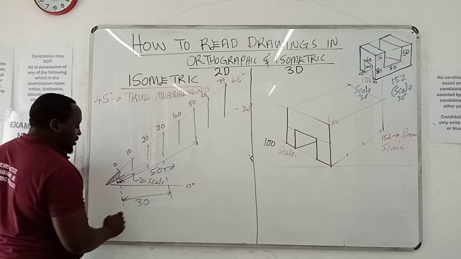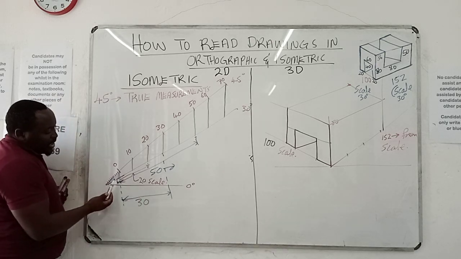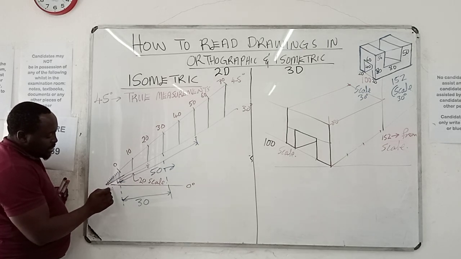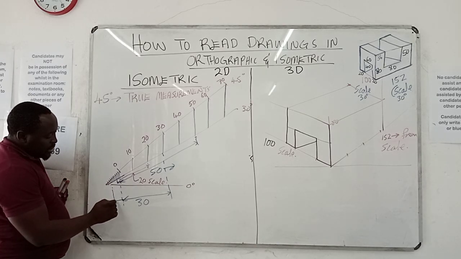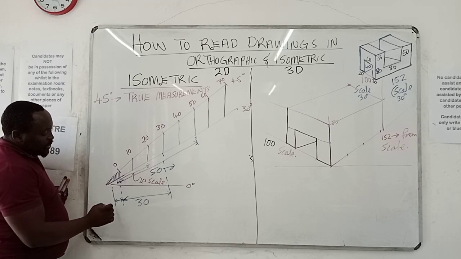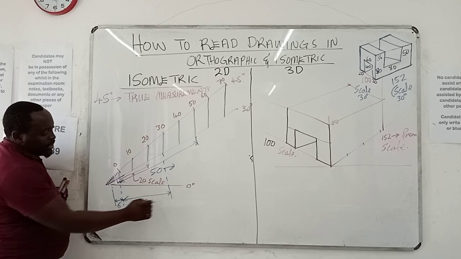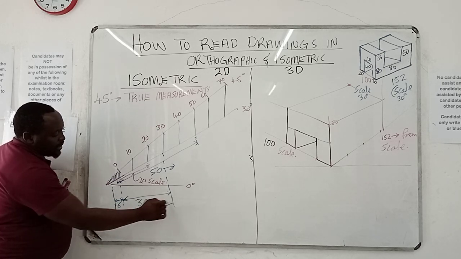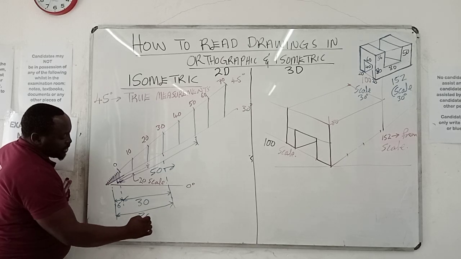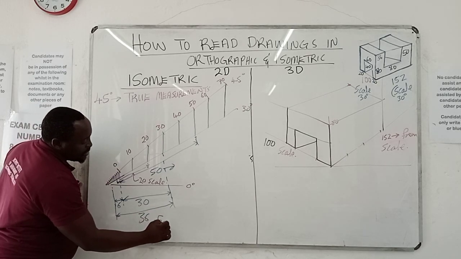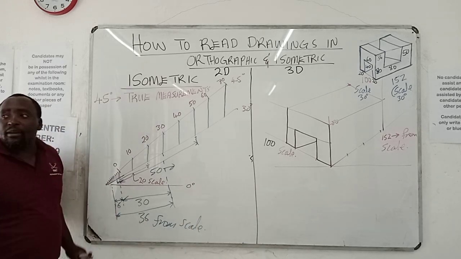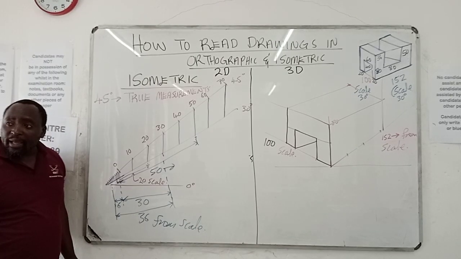Then I need to count these small spaces. 1, 2, 3, 4, 5, 6. So from there to there, it gives us 36 from scale. Is that clear? Are we together?